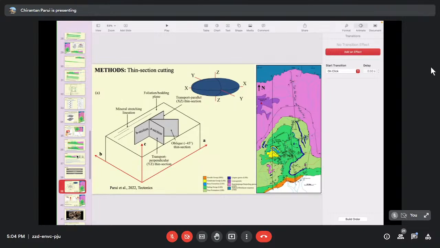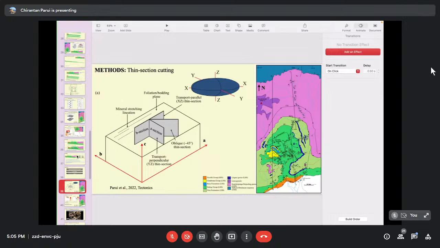Thank you. This is a fantastic question. This is one of the questions a lot of people have asked. Even if you don't think about the other minerals and just think about quartz, apart from crystal plastic deformation, there are other competing mechanisms at play as well.